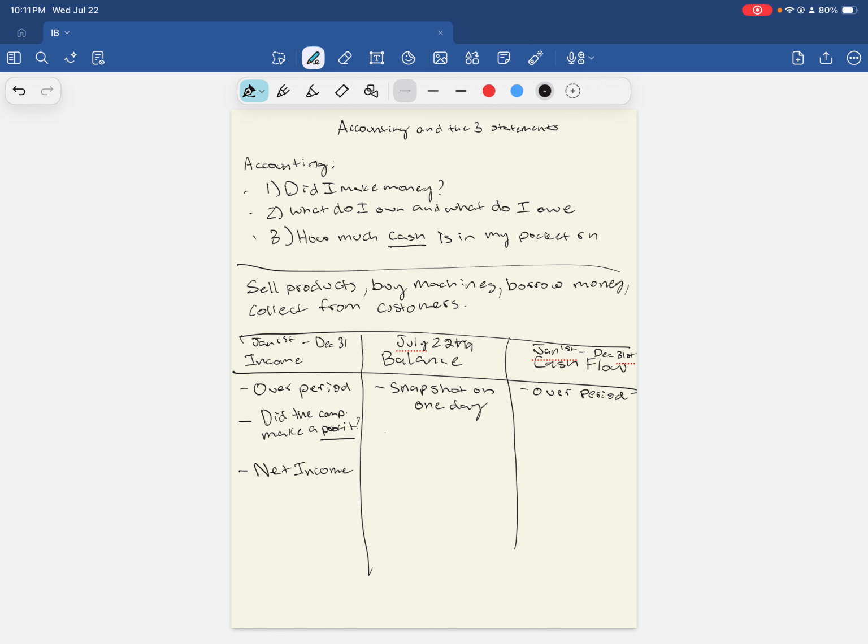With your balance sheet, you're going to be answering the question, what does the company own and owe right now? Because it's going to be a snapshot, a specific day. And this is where we come to the golden formula of accounting.